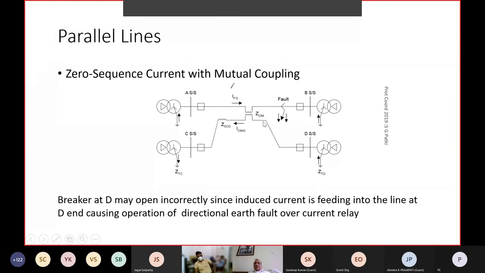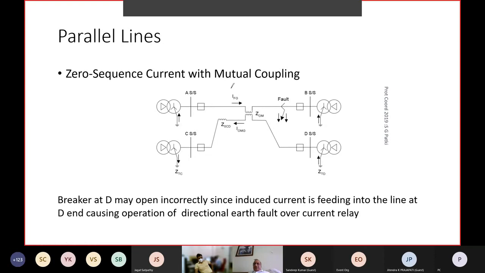Also the measurement of the impedance or X value for the faulted loop will be affected, and you may get either an underreach or overreach of the distance element. So this is mutual coupling, which is very critical in terms of zero sequence, because if there is an earth fault, there will be zero sequence current flowing and the mutual coupling effect will be very significant.